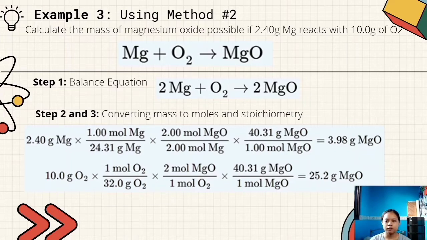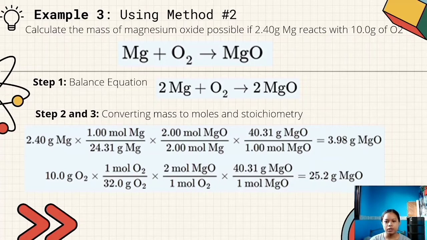The next one is converting 10 grams of oxygen gas to grams of magnesium oxide. The same with the process of converting the mass of magnesium to mass of magnesium oxide. We multiply the mass of oxygen gas to the value of 1 mole of oxygen gas to its mass, which is the equation 1 mole of oxygen gas over 32 grams of oxygen gas, then multiply it to the times that the magnesium appeared over the times that the magnesium gas appeared, as seen in the solution.